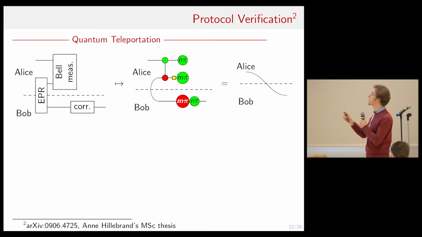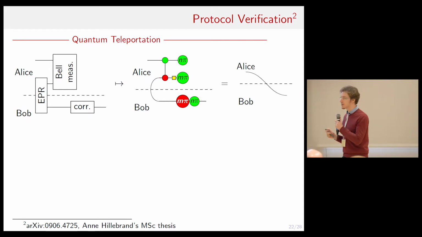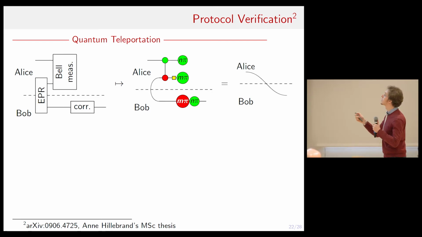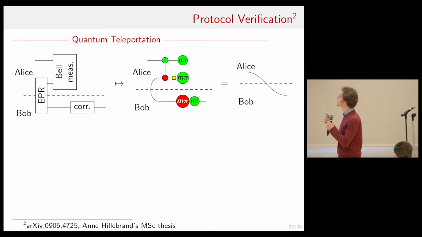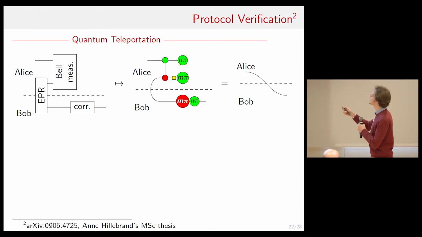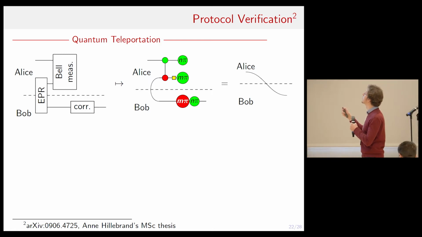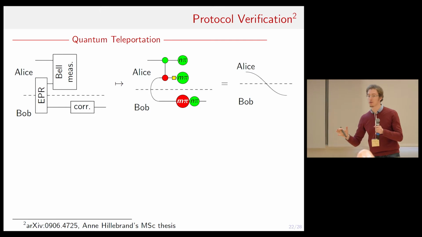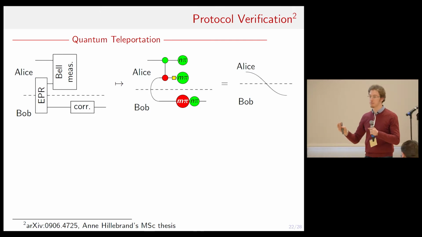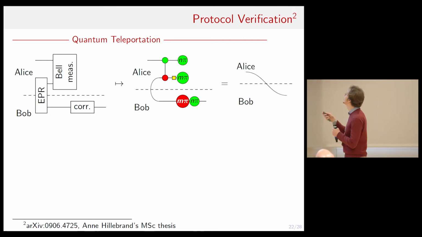This protocol can be translated as a ZX diagram, and it's pretty easy then to show that this diagram amounts to the one with just the identity between Alice and Bob. And so doing that, we can show that the quantum teleportation protocol actually works. And all of this graphically, without the use of matrices, of Hilbert spaces, and whatnot.